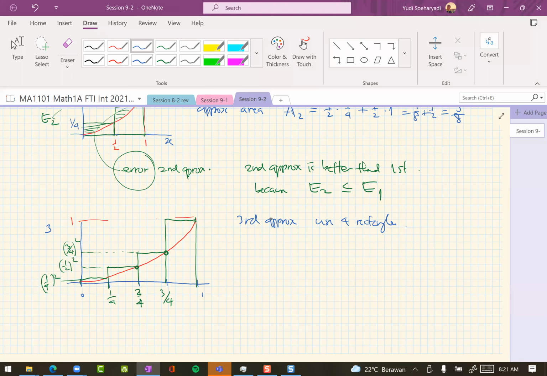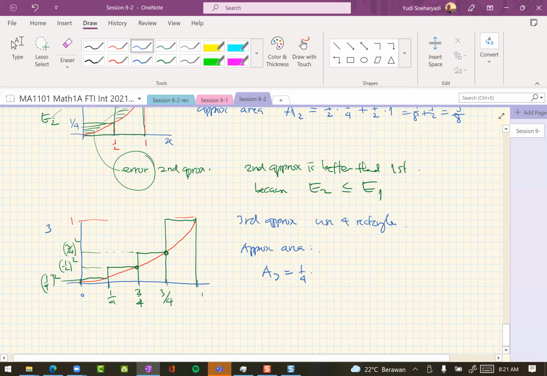So the approximate area is, let's see, the smaller one is of base length 1/4.